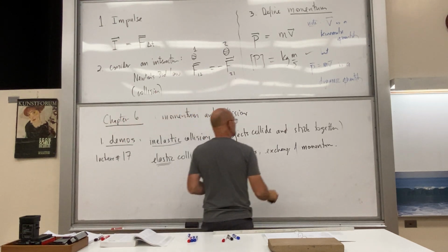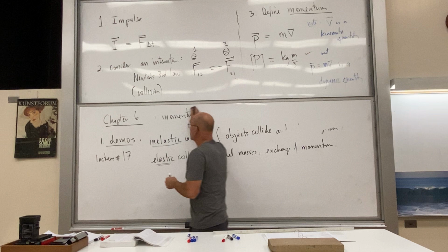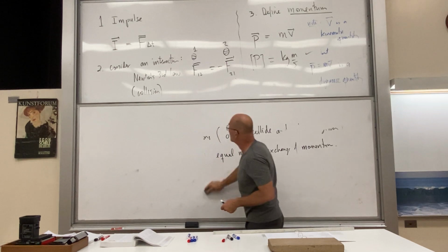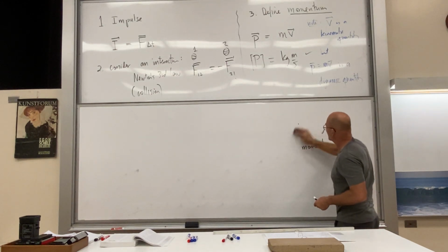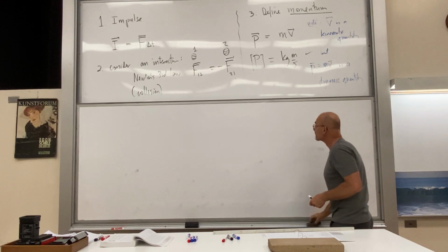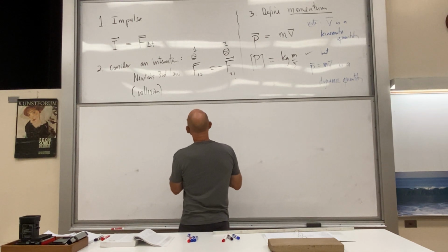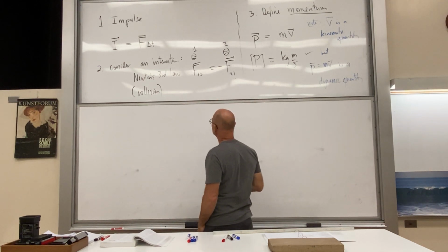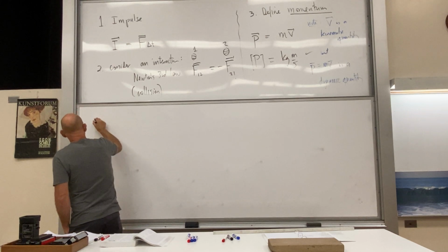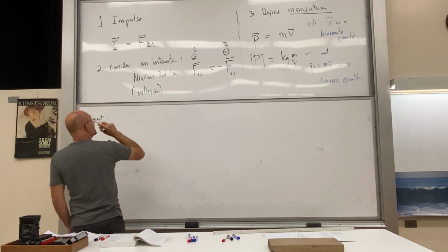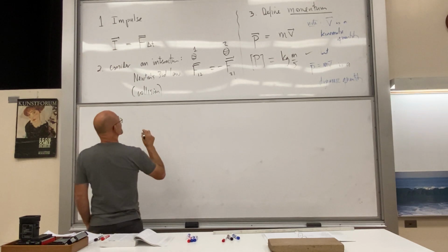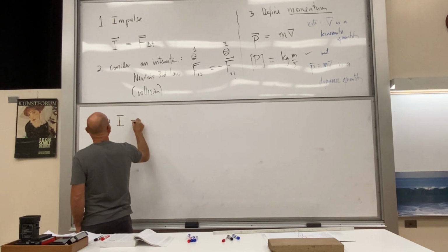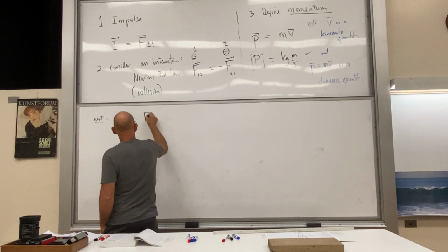Now, I can put these ingredients together. I've got the impulse, I've got Newton's third law, and I've got momentum. So next, we're going to look at impulse equals F delta t.